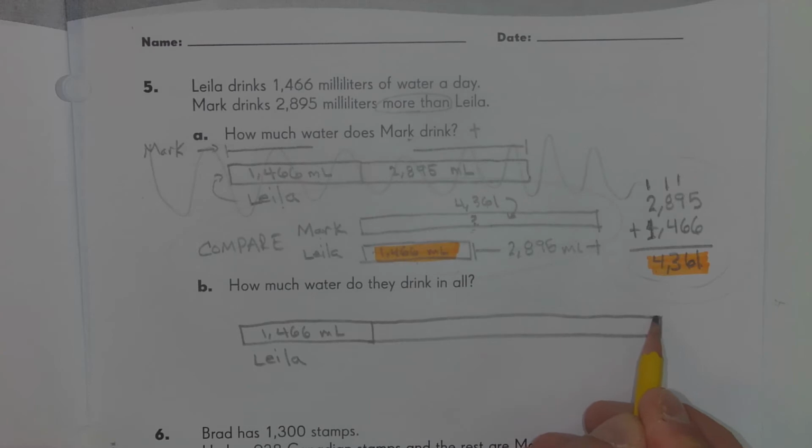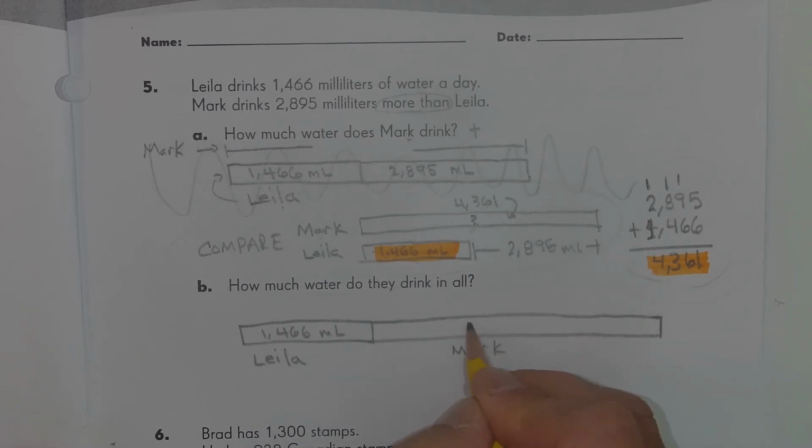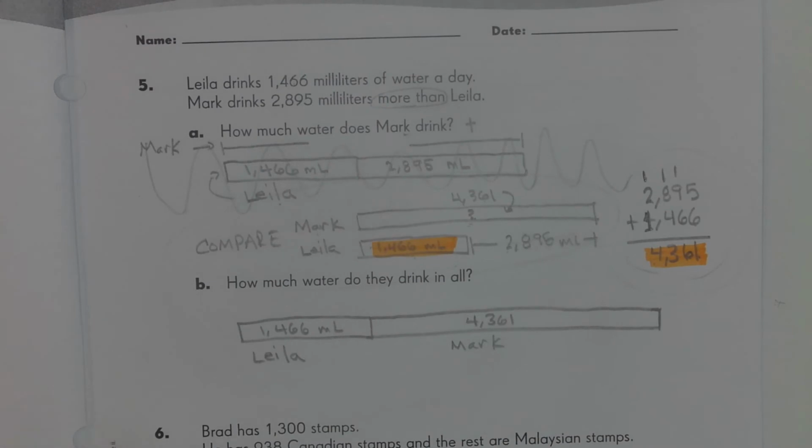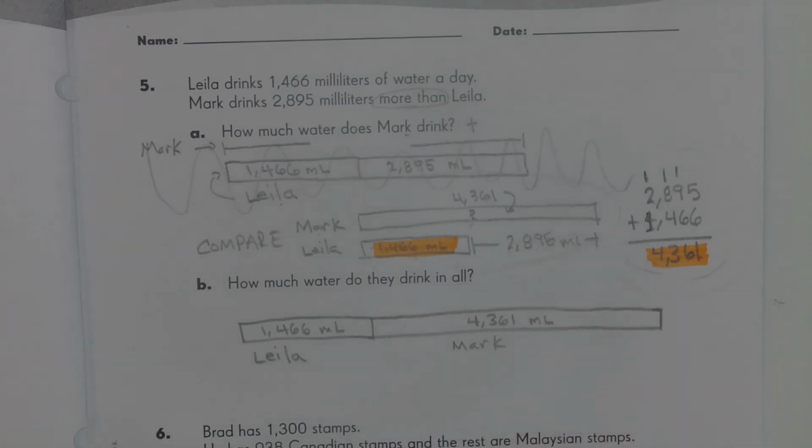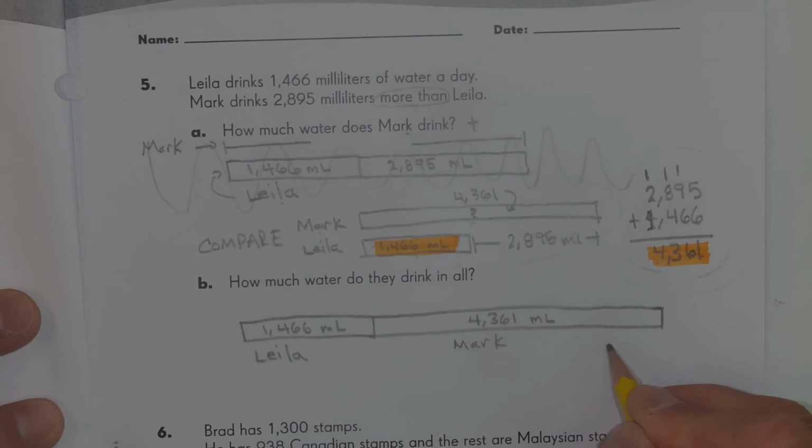But it is going to be longer. And Mark drank a total of 4,361 milliliters. So all I'm going to do now that I've set it up and I know that it's addition and I know my model's correct this time, I don't have to rework anything. I'm just going to solve my addition calculation here.